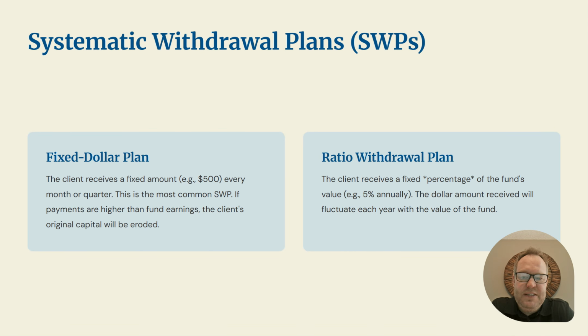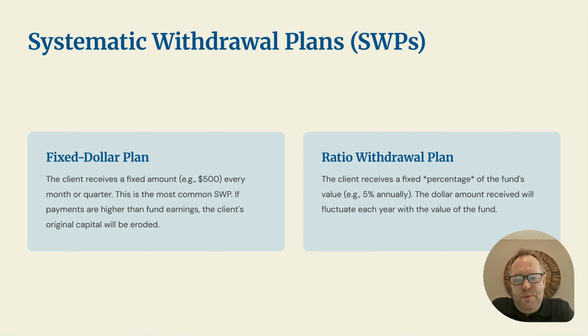The client receives a fixed amount, for example, $500 every month or quarter, or possibly every week or 2 weeks. This is the most common type of systematic withdrawal plan. If payments are higher than the fund earnings, the client's original capital is being eroded.